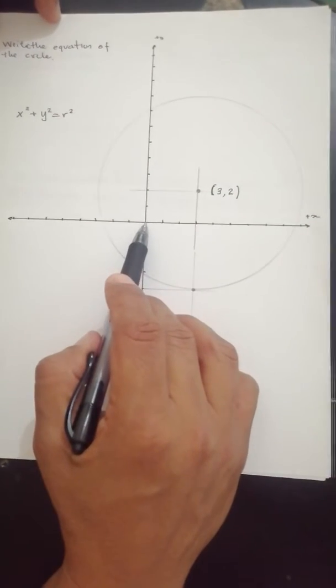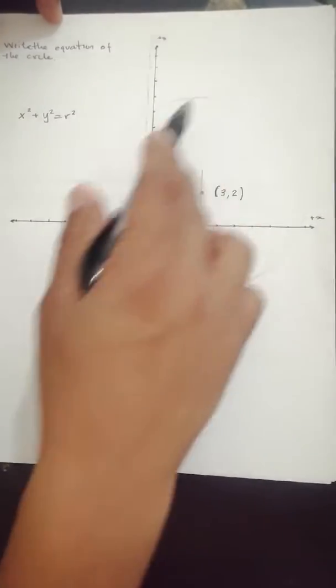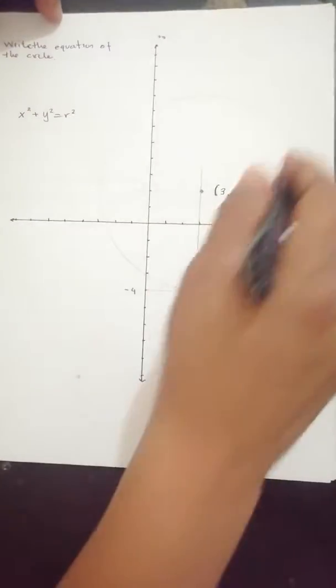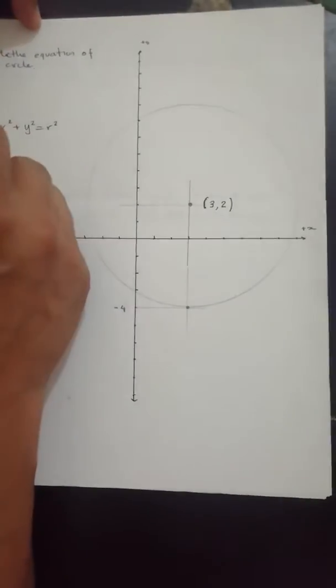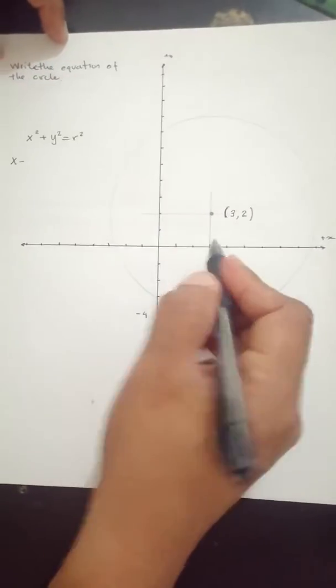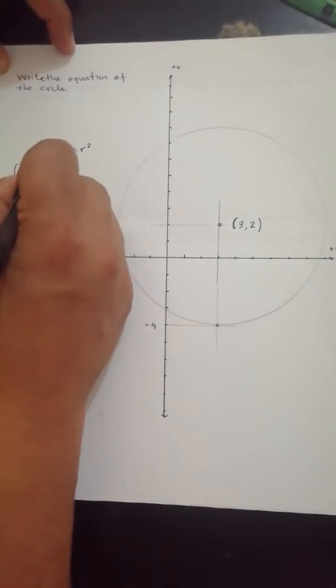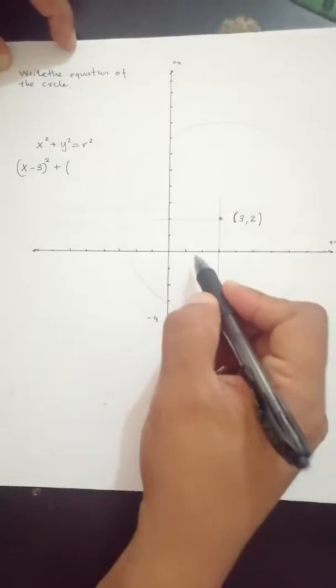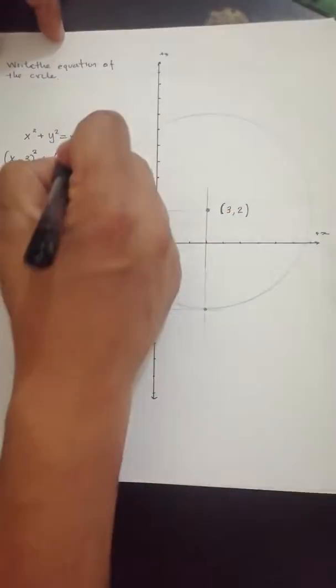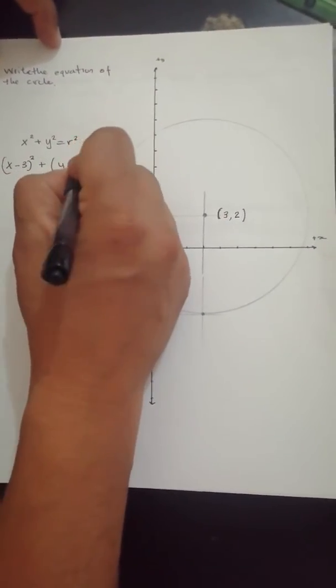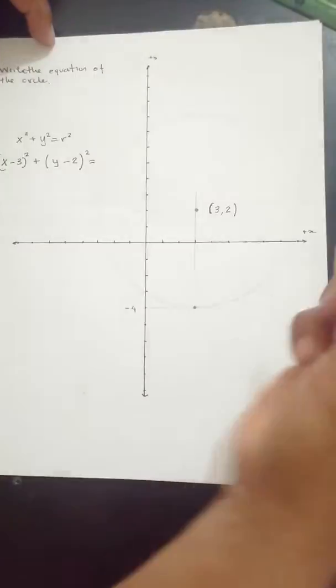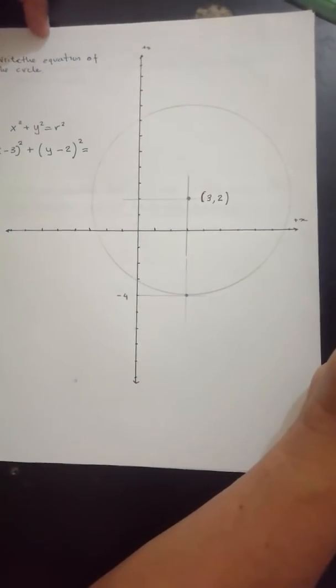Both changes are in the positive direction, so in the first quadrant. Therefore, this will be x minus 3 squared plus y minus 2 squared equals, and somehow I need to find the radius of this circle.